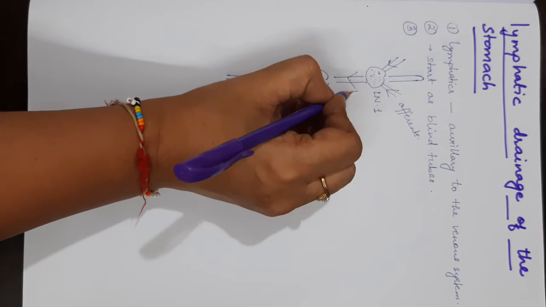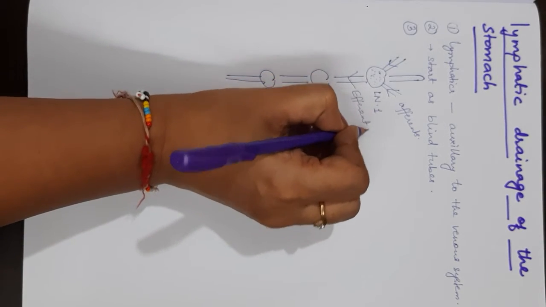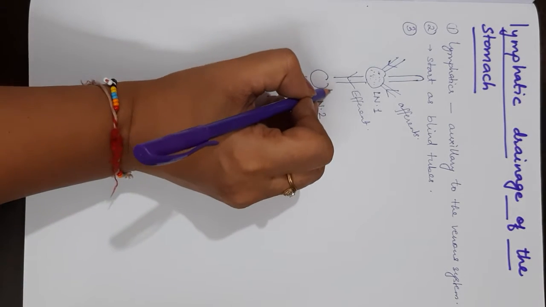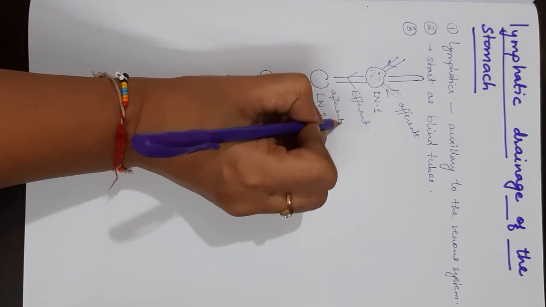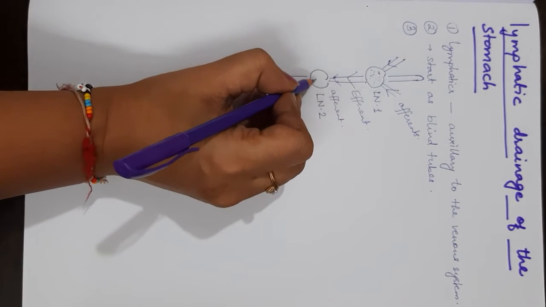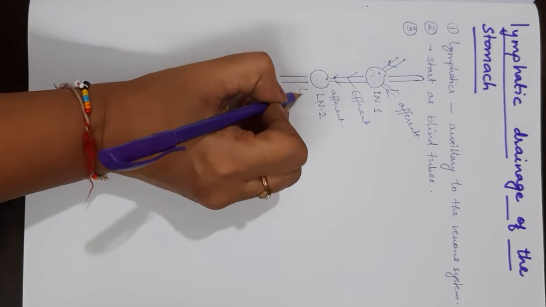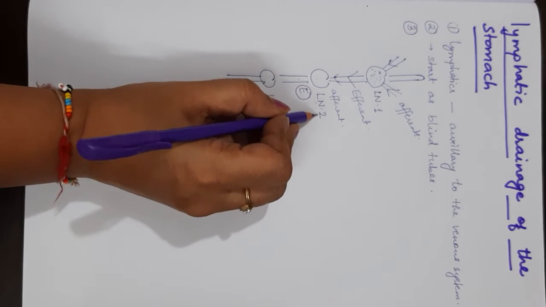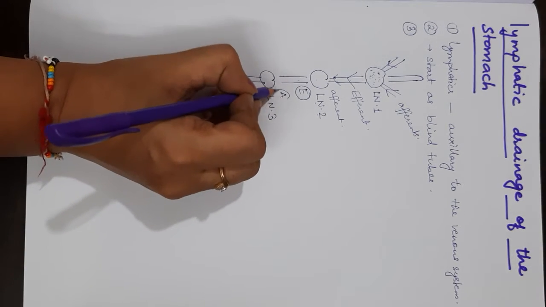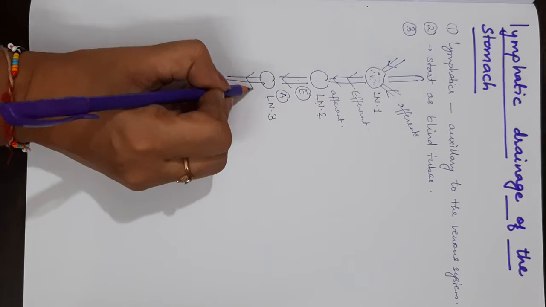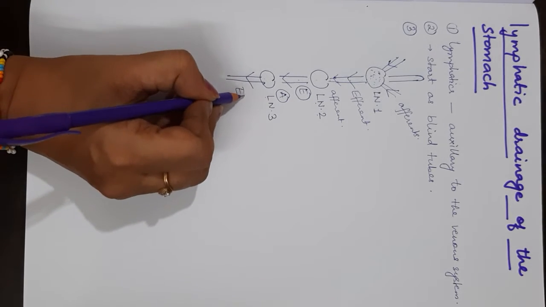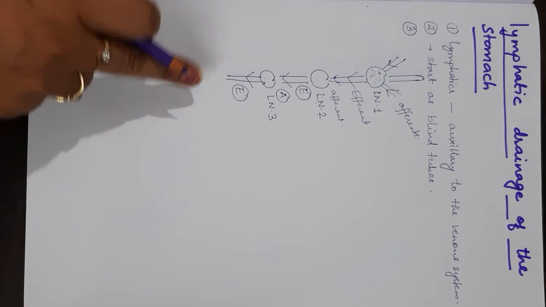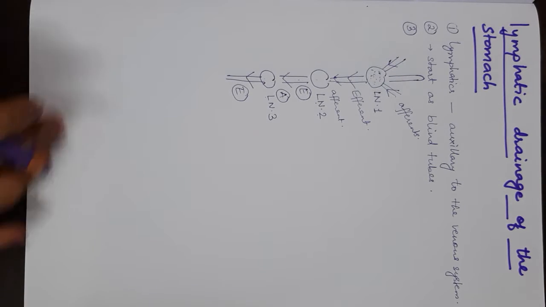Again, this efferent of lymph node 1 will reach lymph node 2, but here it will be called afferent to lymph node 2. The one leaving lymph node 2 will be called its efferent, and so on. So the efferent of lymph node 2 will become the afferent of lymph node 3, and the one leaving lymph node 3 will be its efferent. Now with this knowledge, let us start the lymphatic drainage of the stomach.